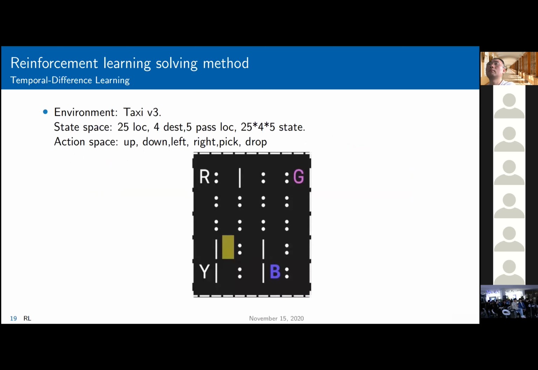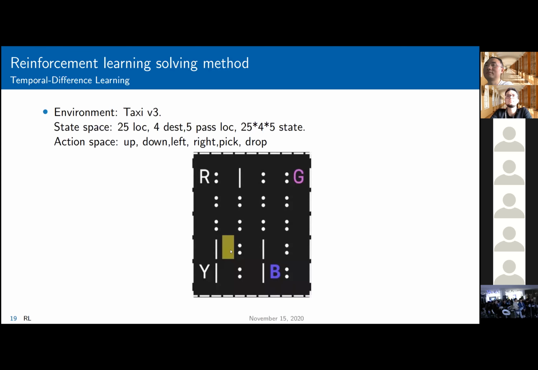You can get 20 points for completing a successful passenger transfer. But for every step of the taxi, you will get 1 point deducted. In addition, 10 points will be deducted for sending passengers to the wrong place.